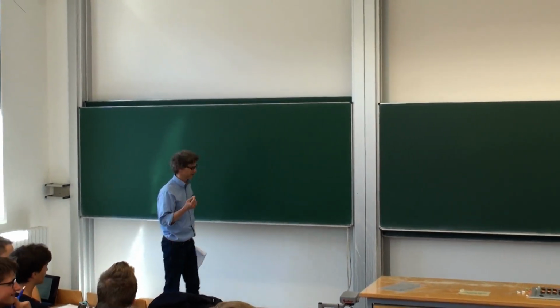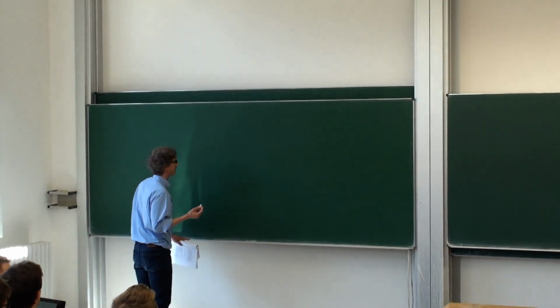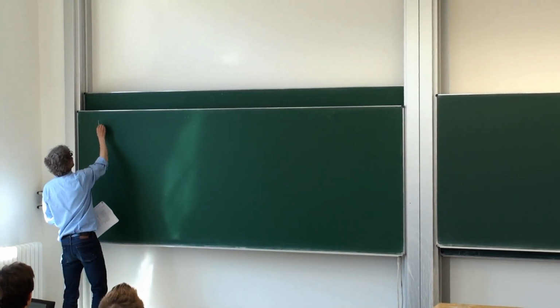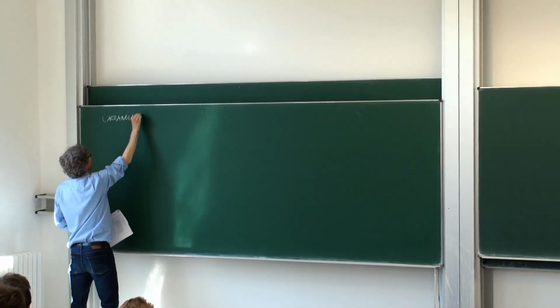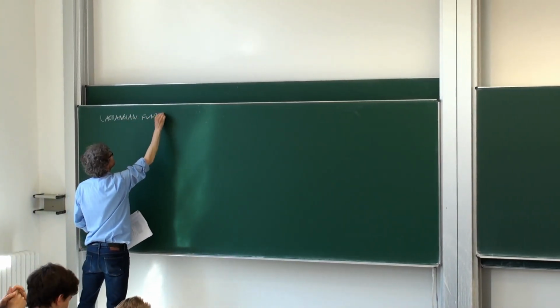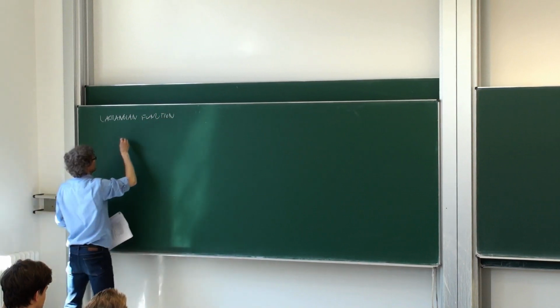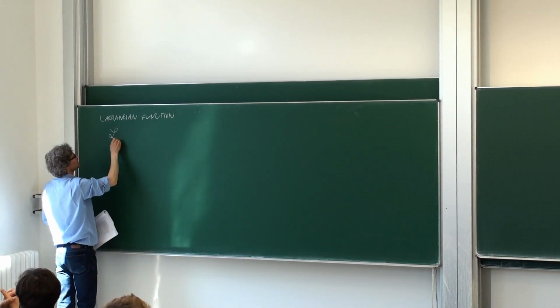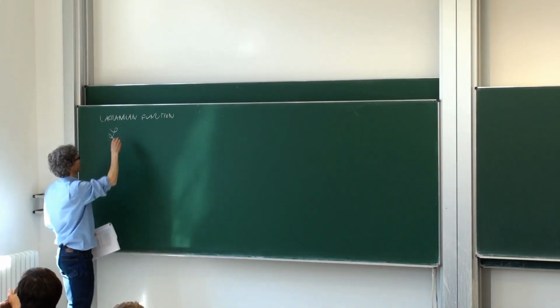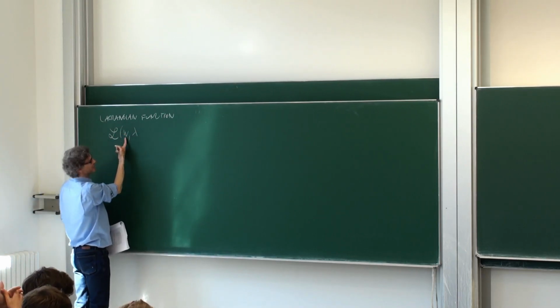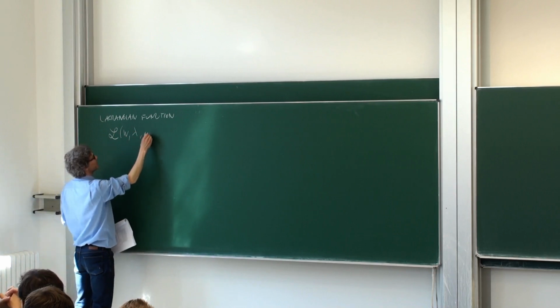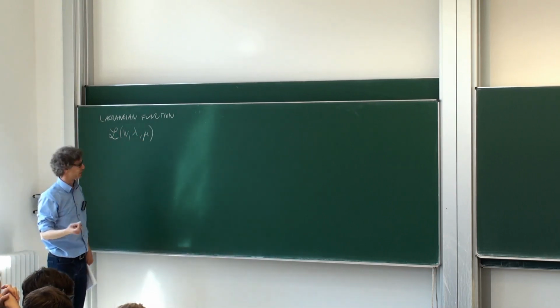That's something that you have heard about, surely, but that I want to define. A Lagrangian function in optimization is a function that we call typically L, some variant of L. It's a function that depends on W, the primal variables, and on the multipliers lambda and mu, which sometimes are called the dual variables.